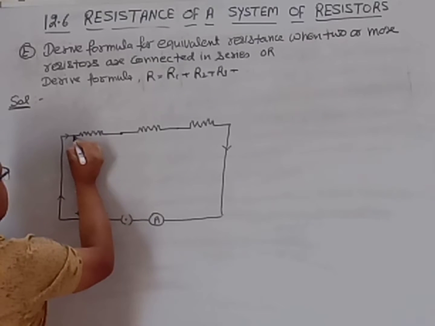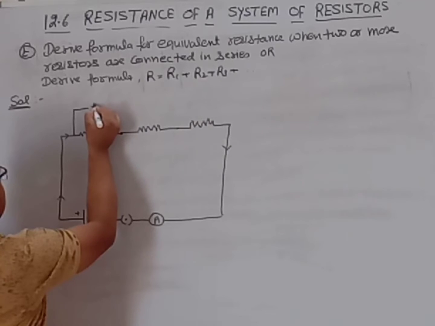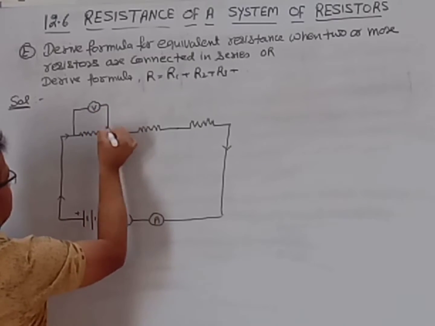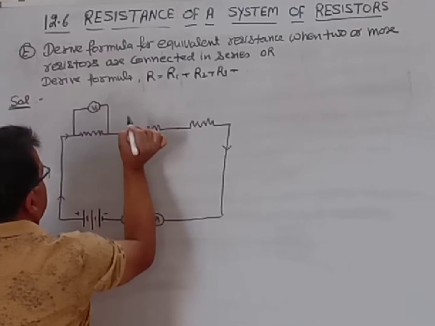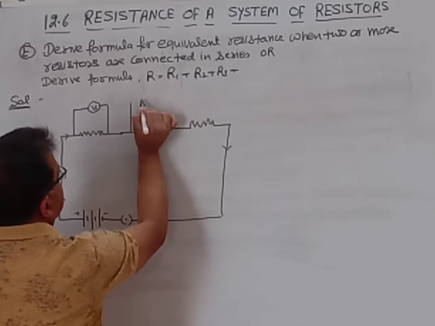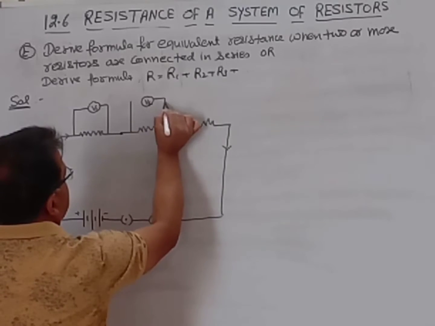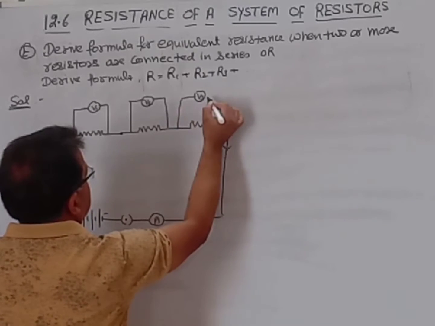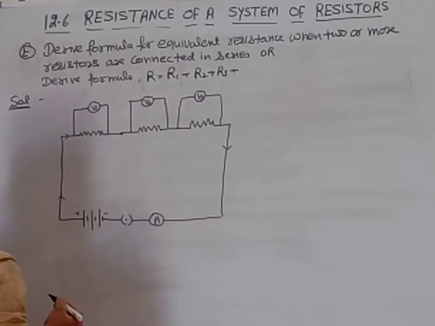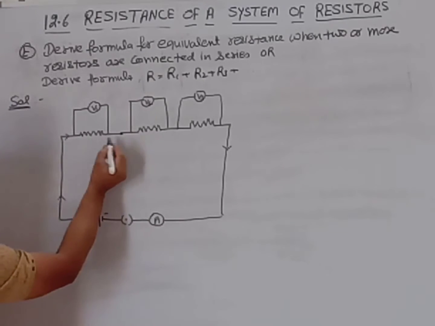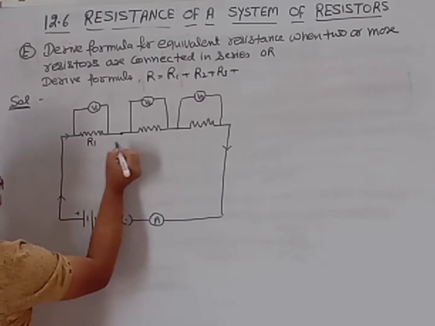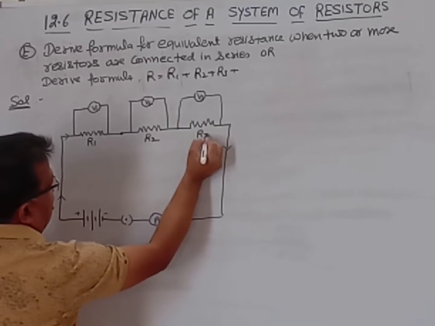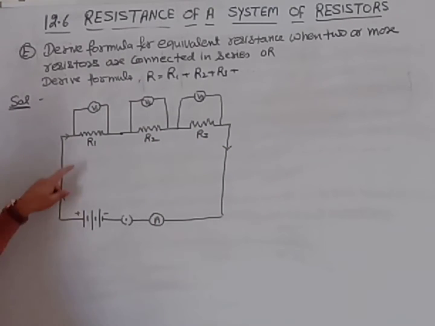Now these resistors are connected in series. Here we shall connect voltmeters V1, V2, V3. Now three resistors having resistance R1, R2, R3 respectively and potential differences V1, V2, V3 respectively are connected in series.